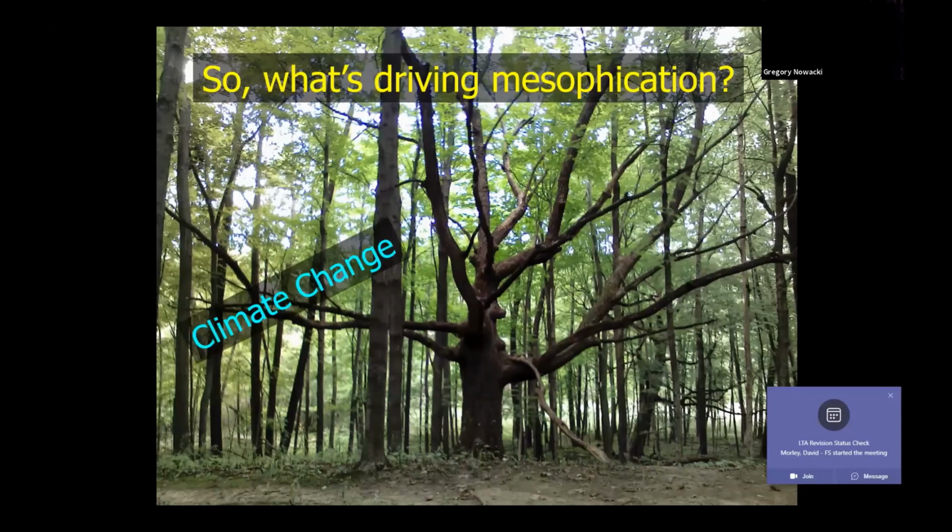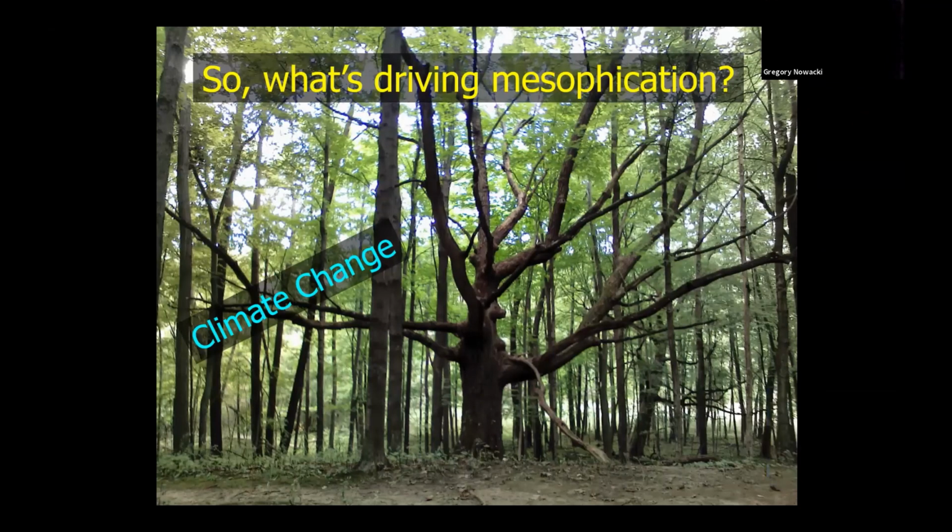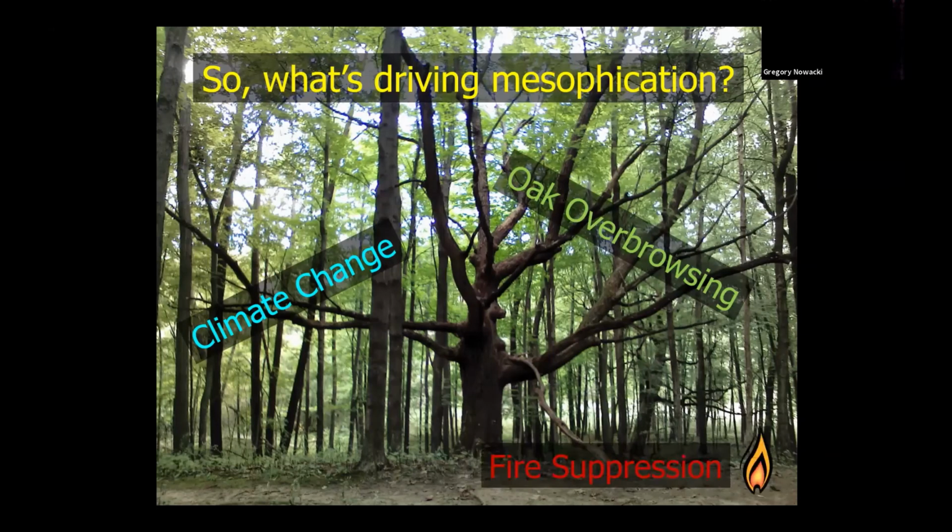Oh, there's all sorts of things that have been thrown out there. Climate change, increasing precipitation or moisture, changes in carbon dioxide. These are the things that were spoken to earlier, of course. Nitrogen fertilization, that's all connected with climate change, directly or indirectly. Oak overbrowsing by our favorite little deer.